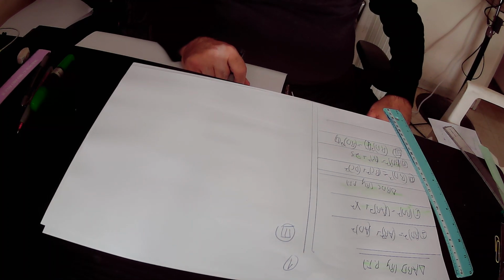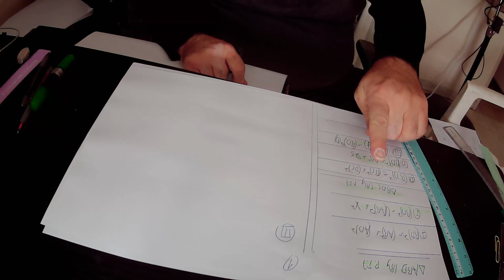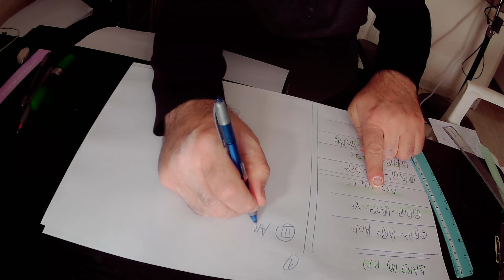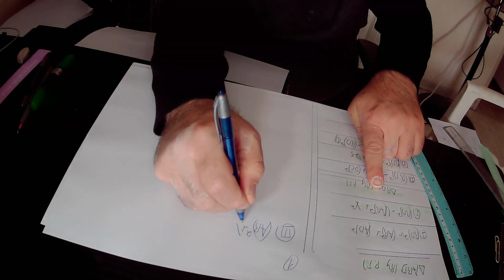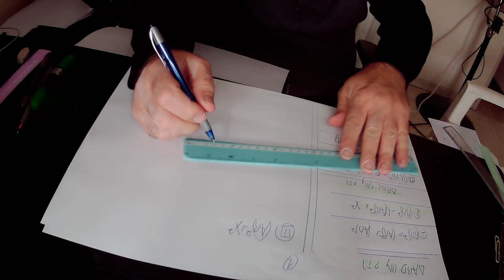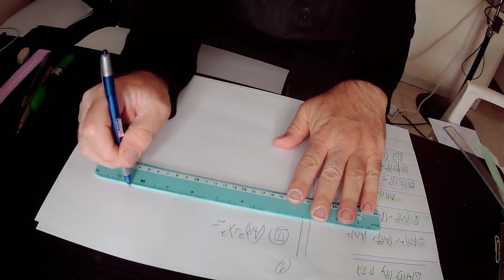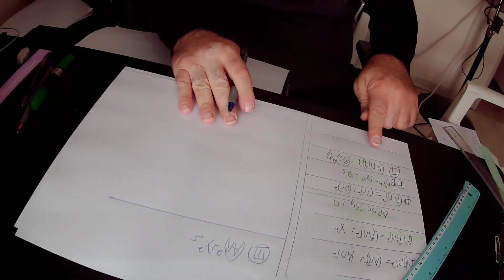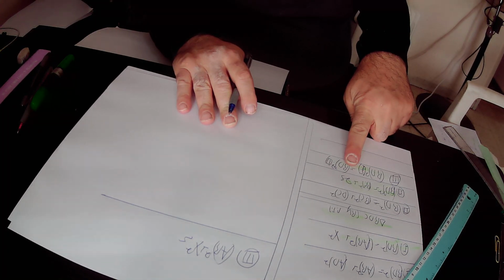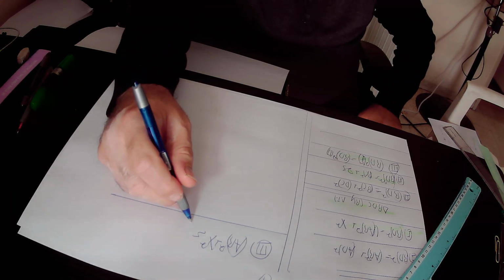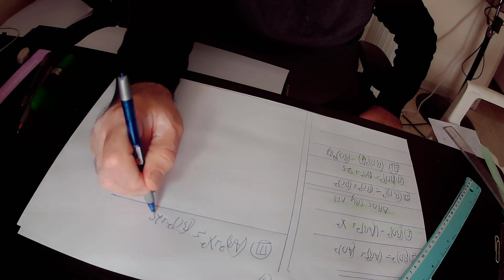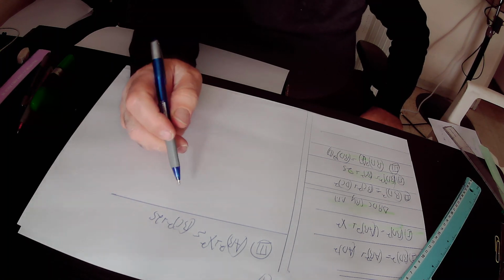BD square according to equation 1 equals AB square plus x square, and it must equal BD square according to equation 2, which equals BC square plus 25. So according to equation 3, AB square plus x square equals BC square plus 25.